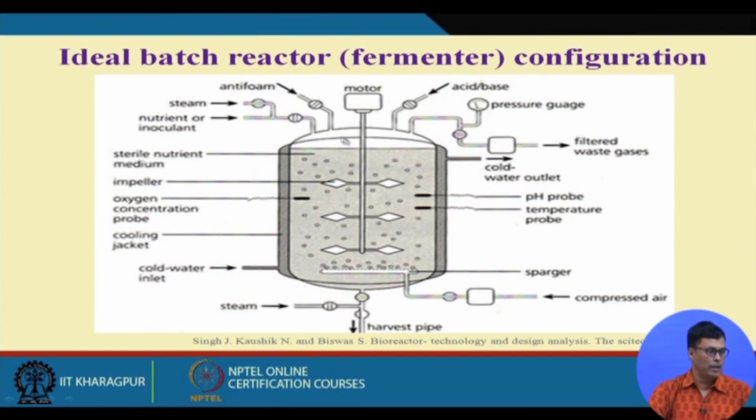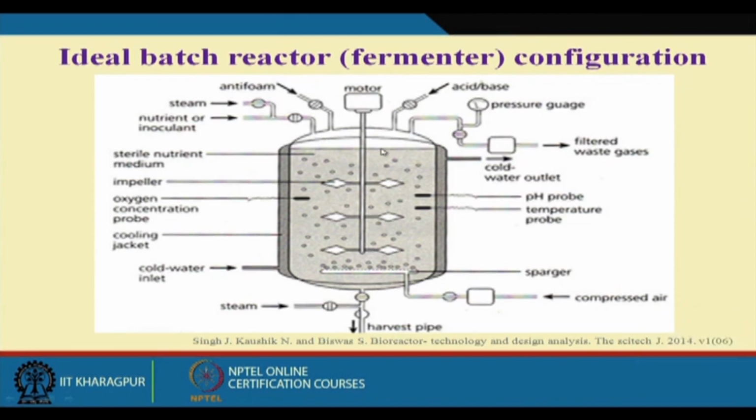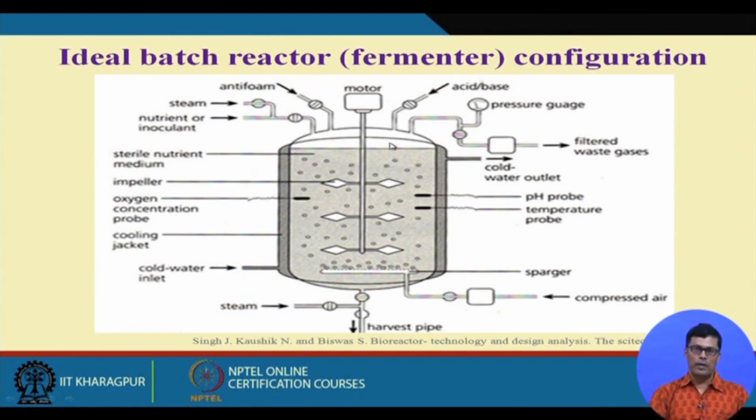Now I was talking that day that one problem we have with this biological system is foam formation. Why does the foam formation take place? Because most of the fermentation processes are aerobic in nature. Aerobic means your microorganisms grow in the presence of oxygen. It is a little bit different compared to the human system.